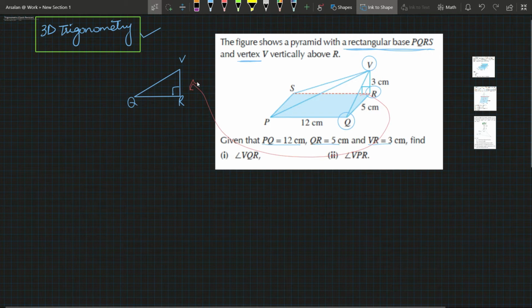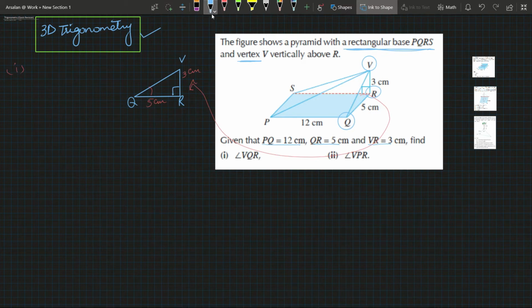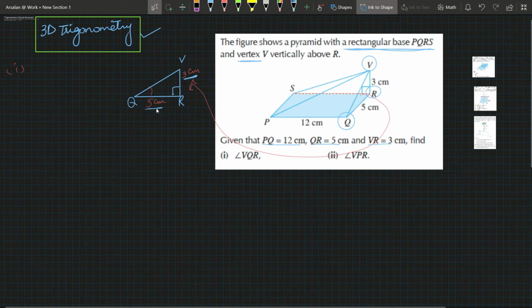Now the length QR is given equal to 5 centimeters and VR is given equal to 3 centimeters, and we need to find angle VQR, and the angle will be formed here. Now you can easily understand how we can find it. This is our part 1. Alright, so any guesses? I'm going to use a trigonometric ratio, and this side is representing the opposite and 5 centimeters is representing the adjacent.